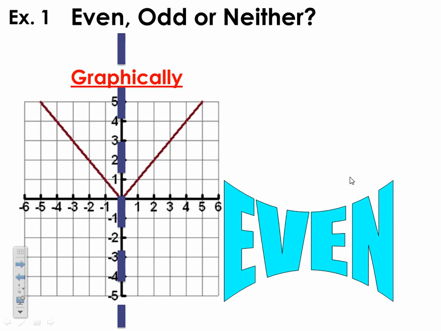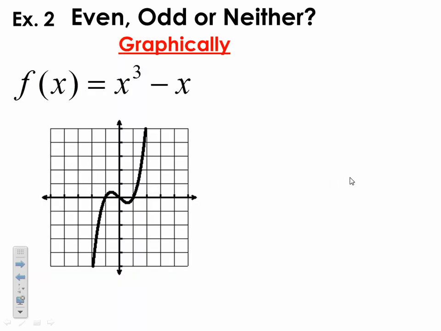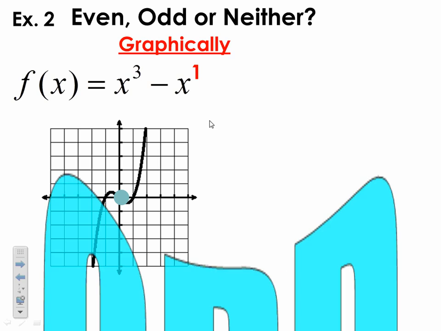Hot dog style, it's even. This one, if we were to flip it upside down, and it does go through the origin, let's see. This is x to the 3rd minus x to the 1. Look at my exponents. They're both odd, so that would make me think this graph is odd.